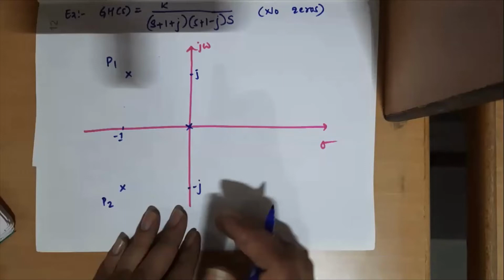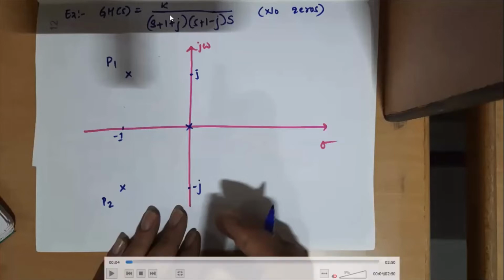What is the angle of asymptote? Can anyone tell me the angle of asymptote for 3 asymptotes? 60 degrees, 180 degrees and 300 degrees, right? Then we need to calculate the centroid. Can anyone tell me what the centroid is? It is -2/3. Am I correct?